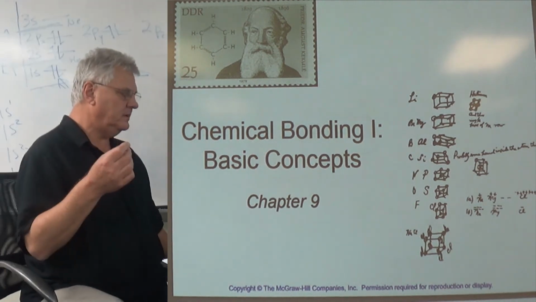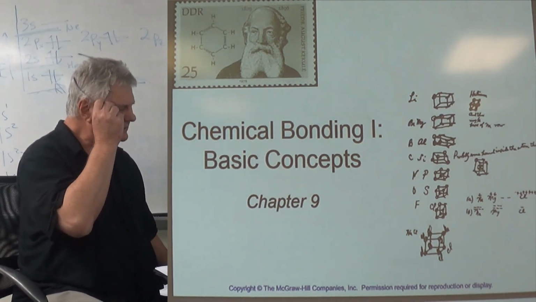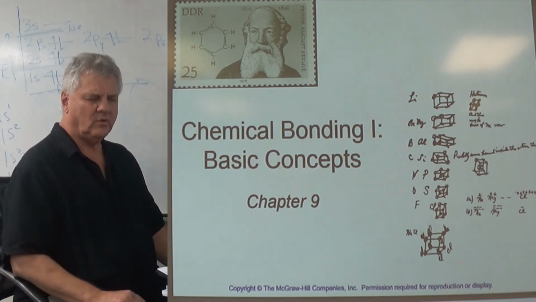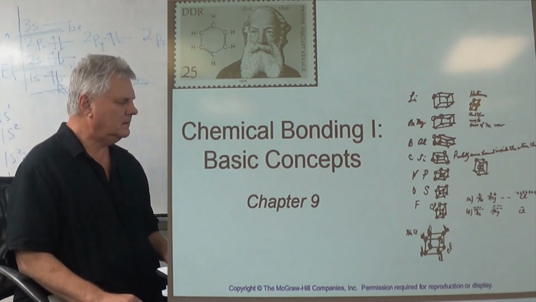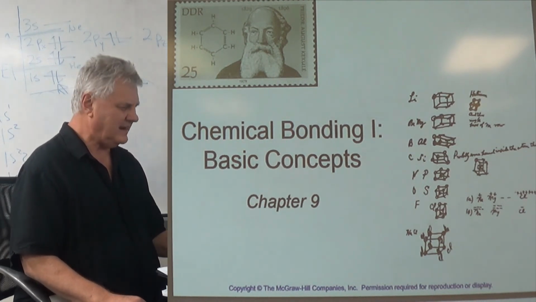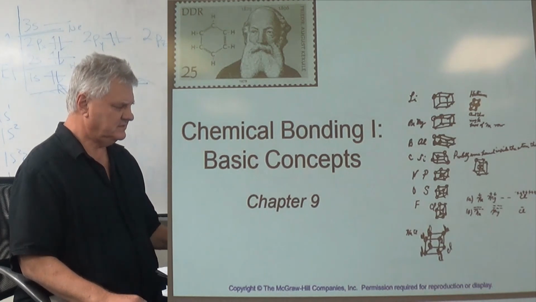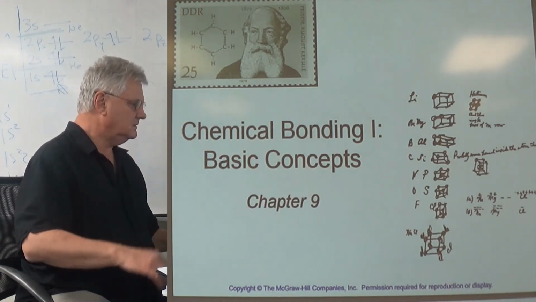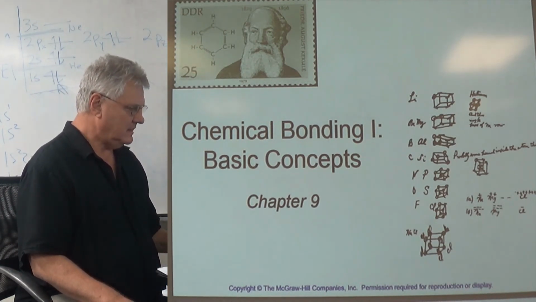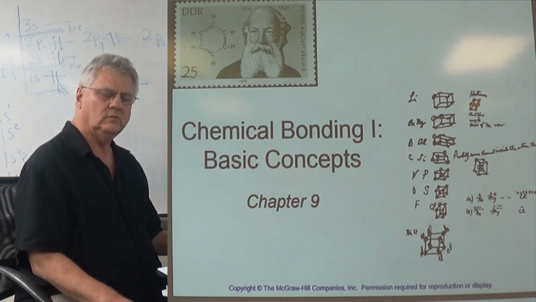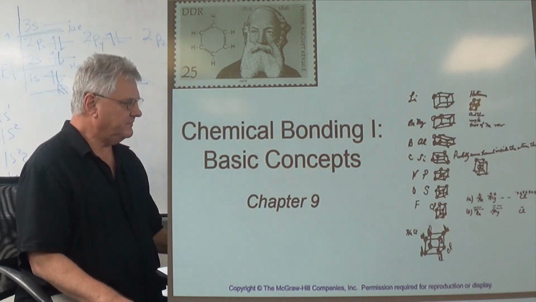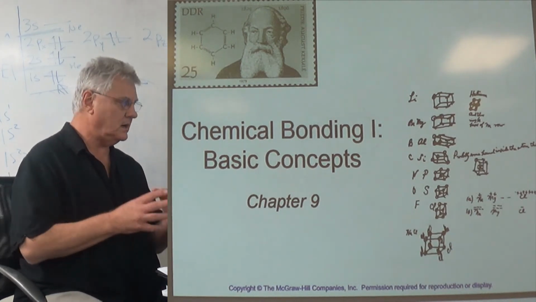Okay, so in the previous chapters, we learned about atomic orbitals that electrons occupied in atoms of the various elements. And in this chapter 9, we're going to look at how atoms of different elements form different types of bonds.